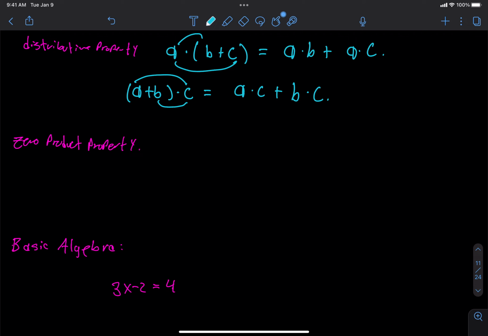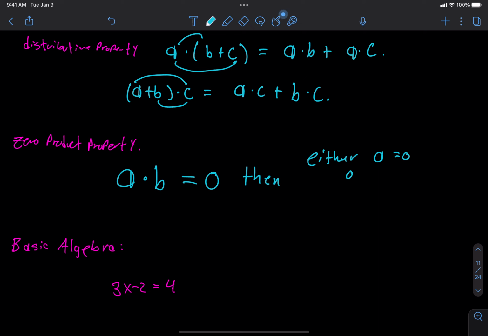Well, the zero product property says that if I multiply two things together and I get 0, then one of two things must be true. Can you help me finish the definition? One of them is 0? Yeah, one of them should be 0, right? Either A is 0 or B is equal to 0.